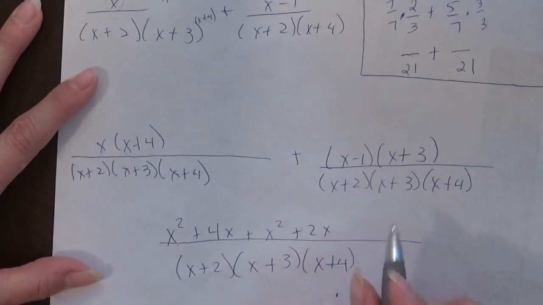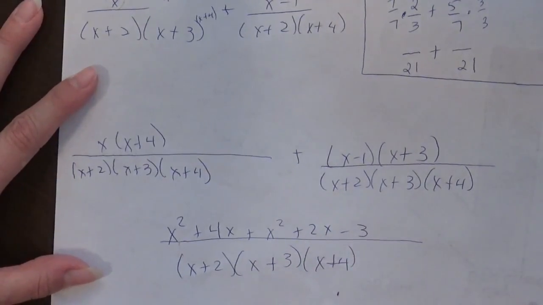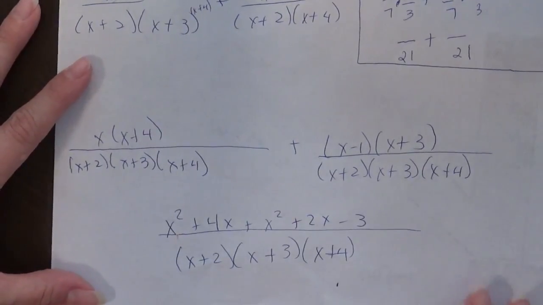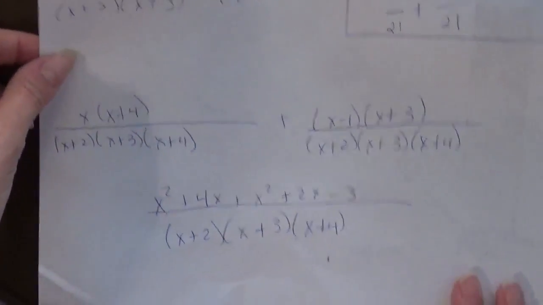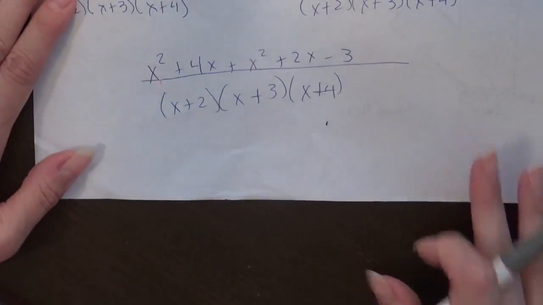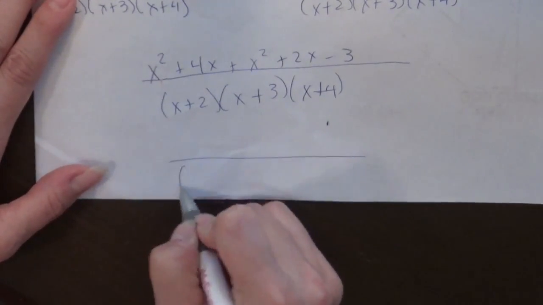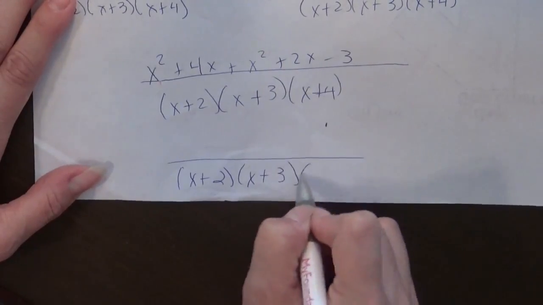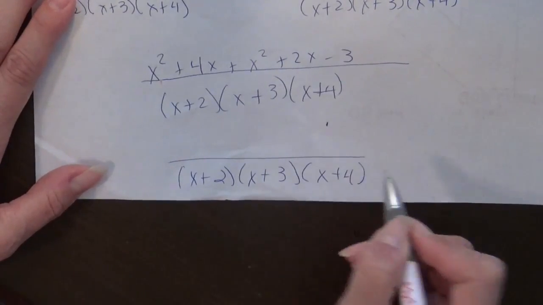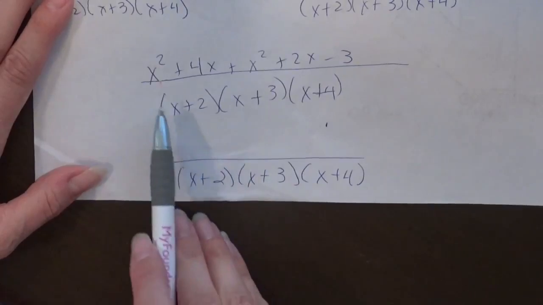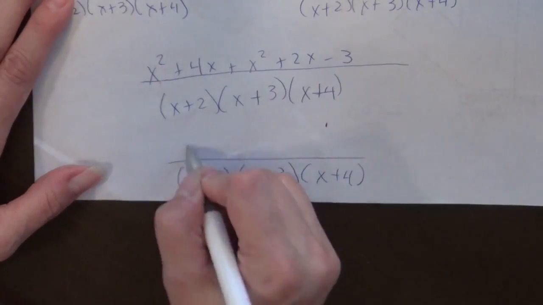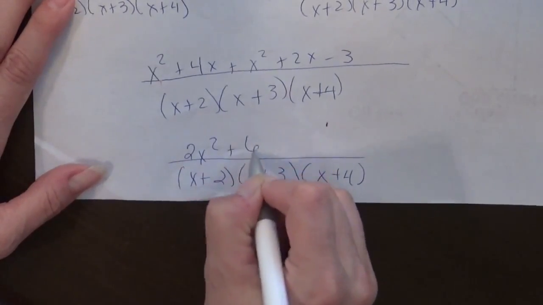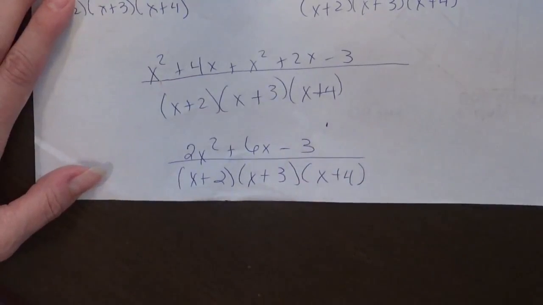And the last will be minus 3. Okay, rewrite it with the LCD. And in the numerator, we can combine like terms, so we'll have 2x squared plus 6x minus 3.